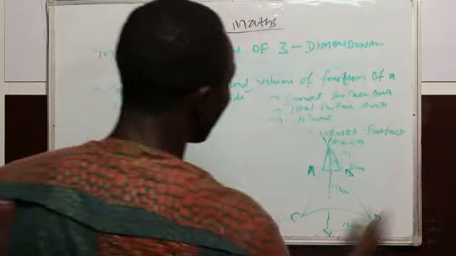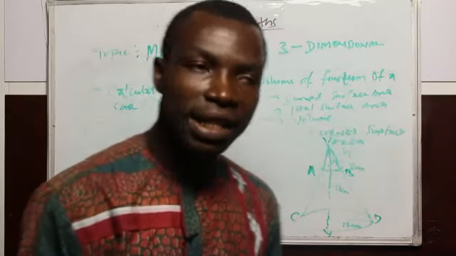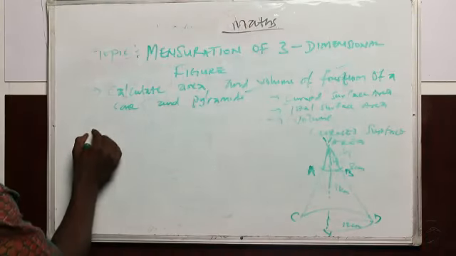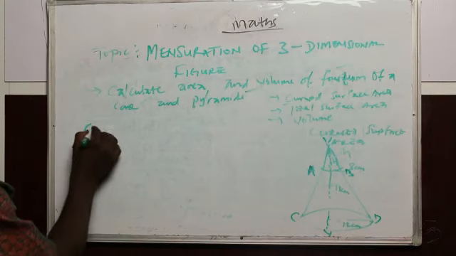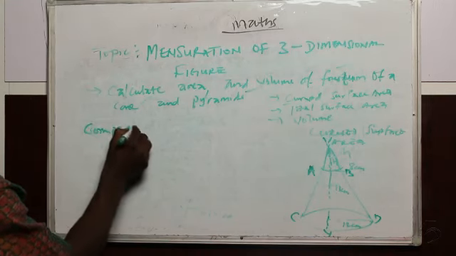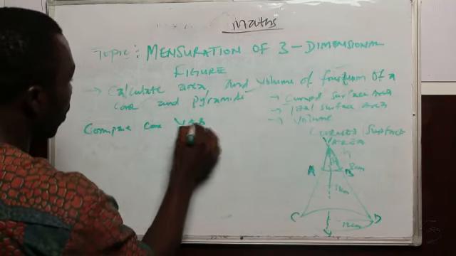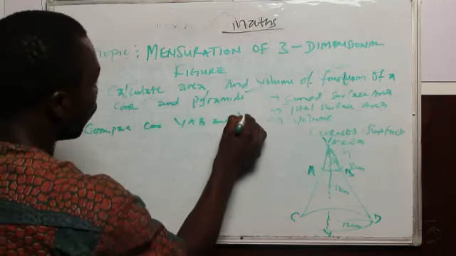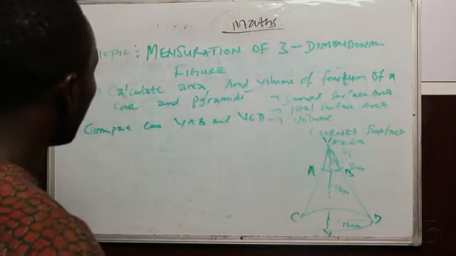When we do that, we'll be able to find our height H. Therefore, compare cone Phi AB and Phi CD.